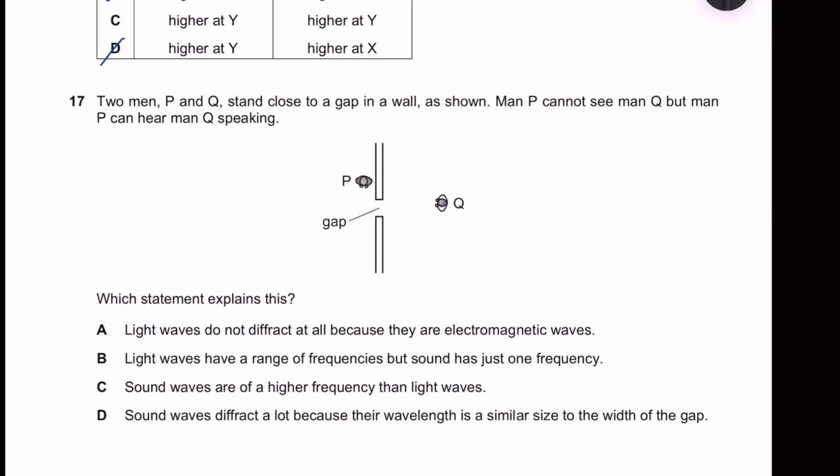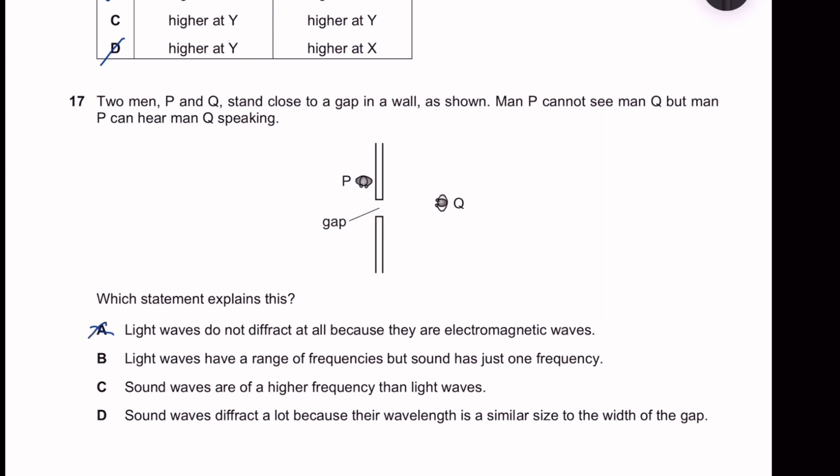Question 17. Two men, P and Q, stand close to a gap in a wall, as shown. Man P cannot see man Q, but man P can hear man Q speaking. Which statement explains this? Light waves do not deflect at all because they are electromagnetic waves. That's wrong. Light waves do deflect.